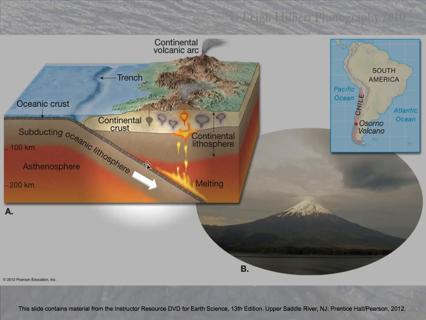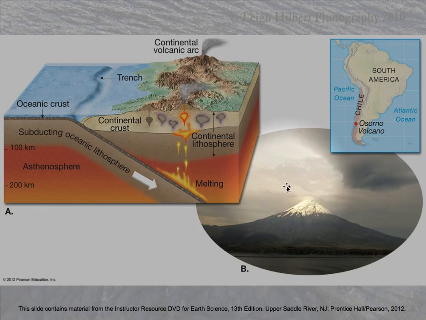That oceanic crust will dive down. It usually drags a lot of seafloor sediment, including water. And water actually lowers the melting point of a lot of these minerals. And so you get partial melting and full melting deep down, at about 150, 200 kilometers of depth. And that molten magma will rise to the surface through continental lithosphere and create volcanoes.